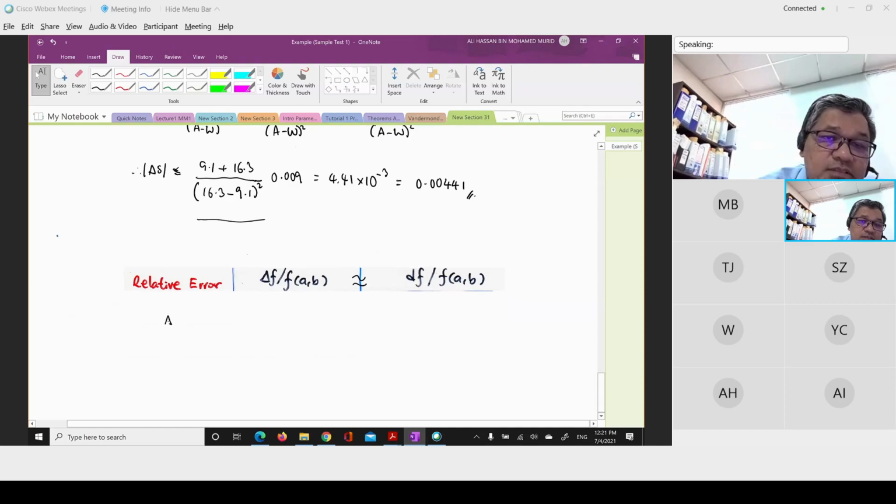So 0.00055 times 100% means 0.055%. That is the percentage error of the calculation.